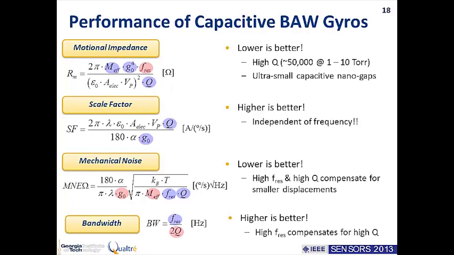Well, these are some of the most important metrics, but not all of them. For example, here you don't have non-linearity, right? So you also have to worry about what else. I'm sure you can come up with a solution that will give you a very good gyro, but there might be things that you still need to look after.